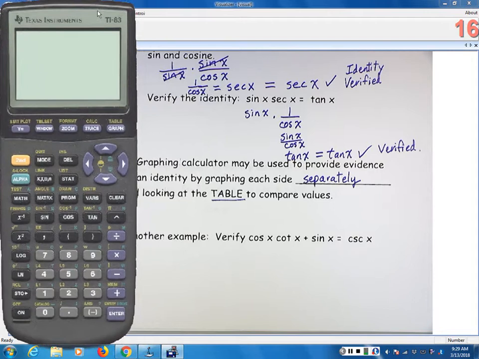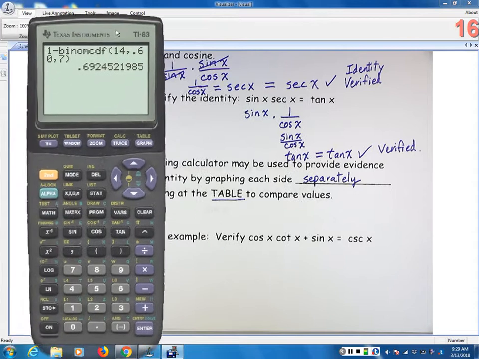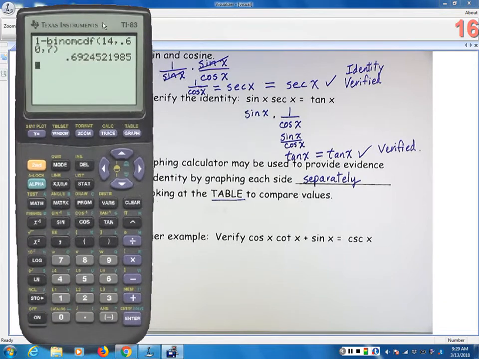But we are not verifying the identity, we are providing evidence of an identity when we do this. So we go to y equals, if I want to show that this one's true, sine x, close the parentheses, secant x.